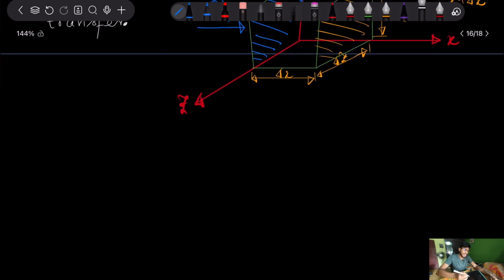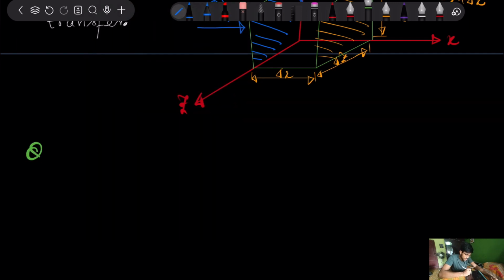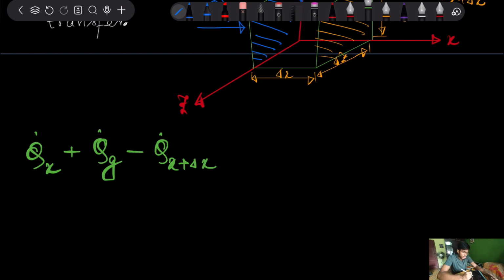So if I write the energy balance equation for this control volume, then q dot x amount of heat is entering per unit time, plus some heat is generated inside the control volume, minus some heat is leaving the control volume per unit time, and that will be the total change in internal energy.